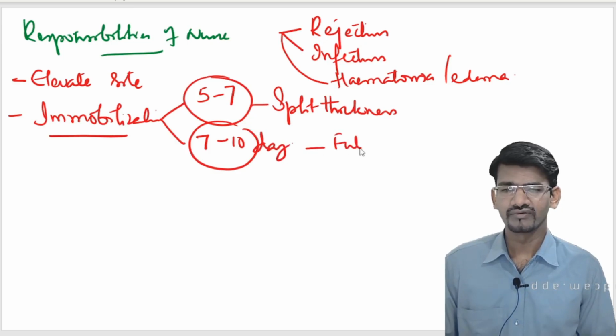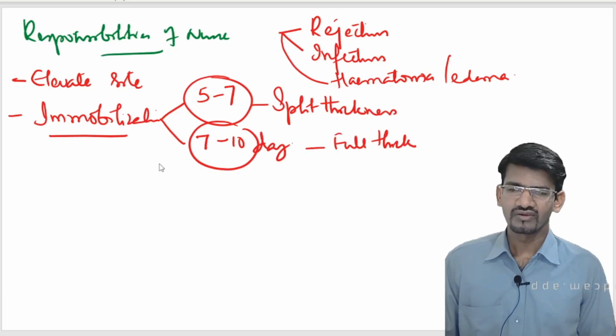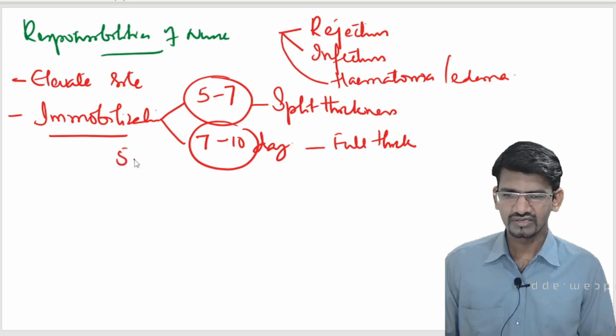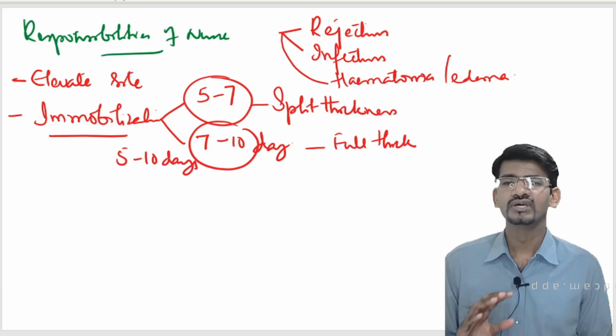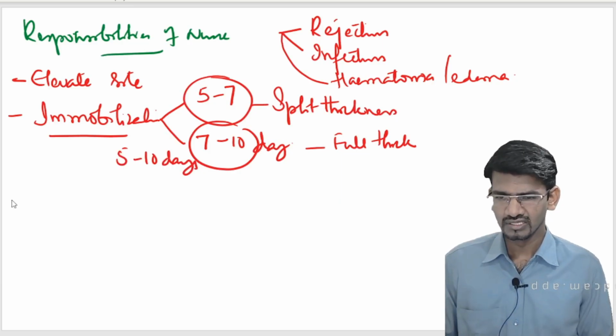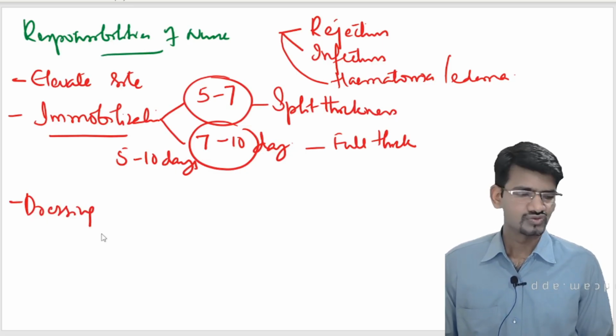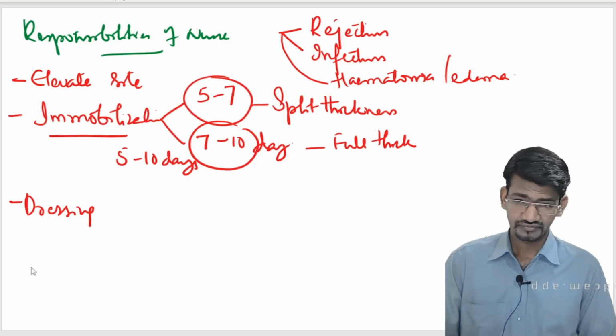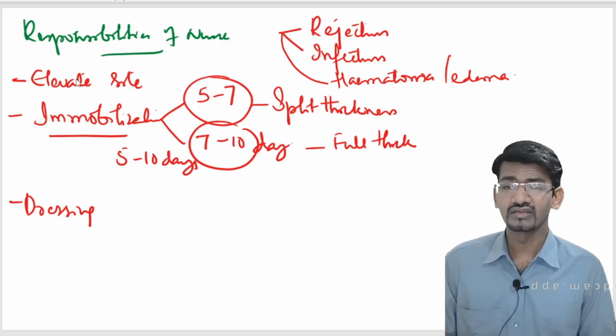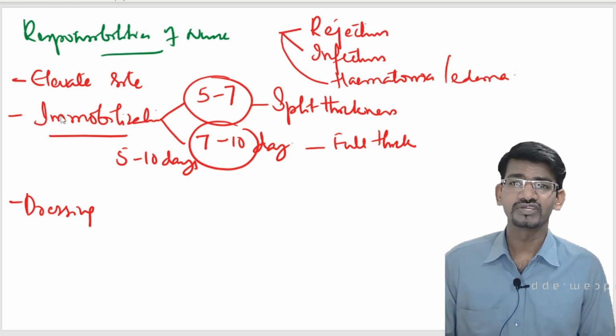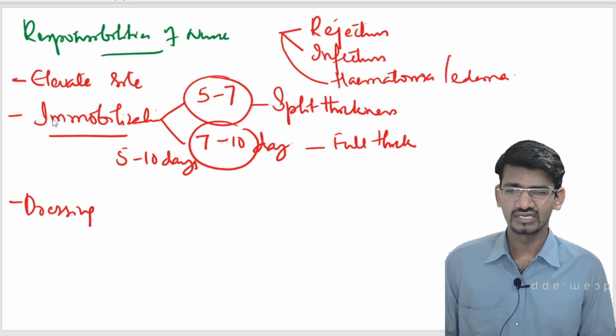On an average, overall we can consider 5 to 10 days of immobilization. Then proper dressing changes will be done by the doctors to prevent infection. These are the major care we should provide to patients undergoing skin grafting.